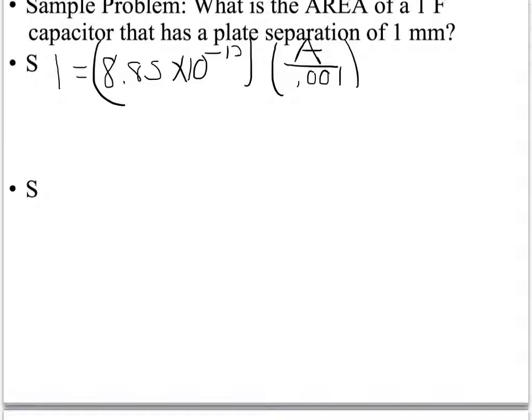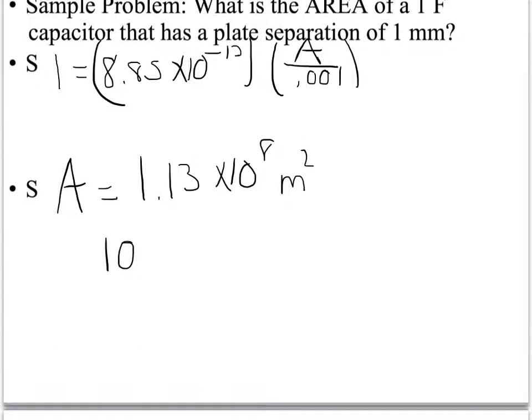As we solve this problem, we get area equals 1.13 times 10 to the 8th meters squared. If we take the square root of this number, we get that each side of this capacitor must be 10,629 meters. That's several miles long.